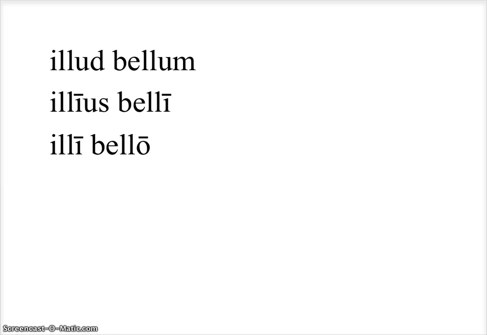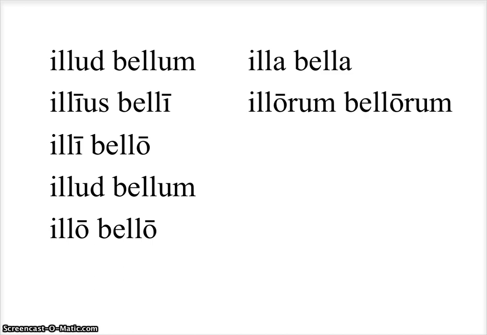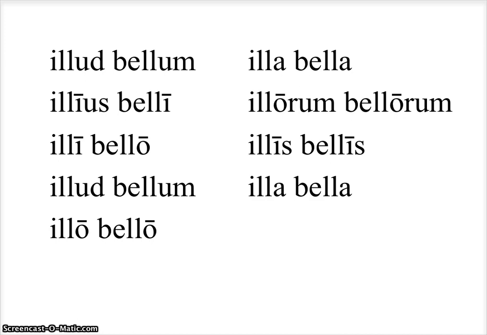The accusative will be just like the nominative, illud bellum, I detest that war. And the ablative, in that war, by means of that war, illo bello. The plurals are going to be very regular. Illa bella, illorum bellorum, illis bellis, illa bella, illis bellis.